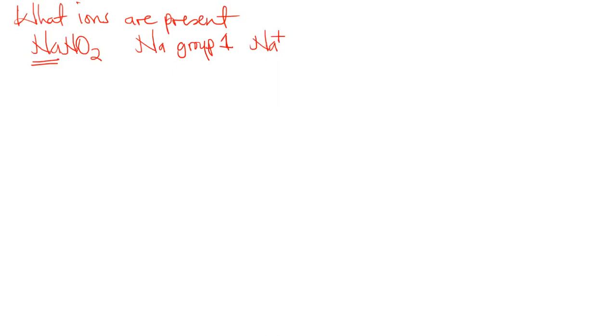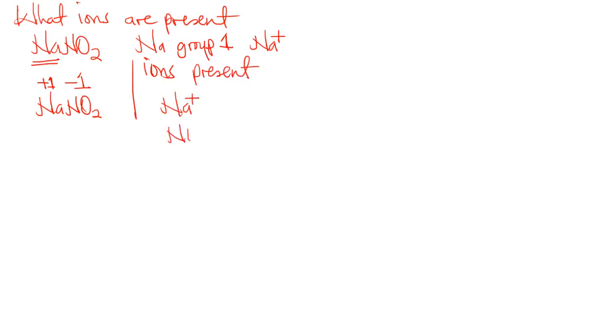The NO2 part is balanced against +1, so the non-metal part is -1. So the ions present are Na+ and NO2-. That's how we obtain the ions present in a compound.